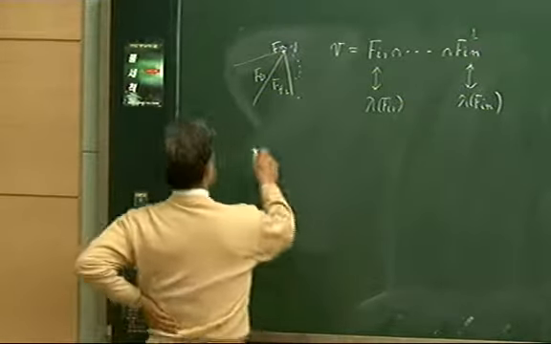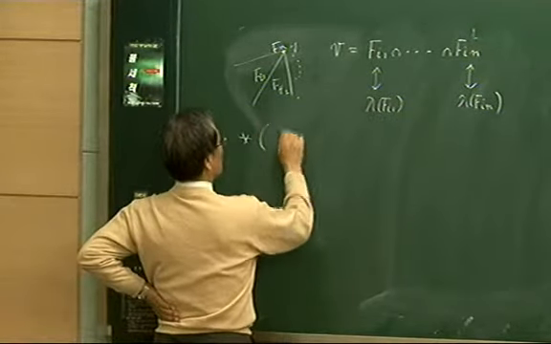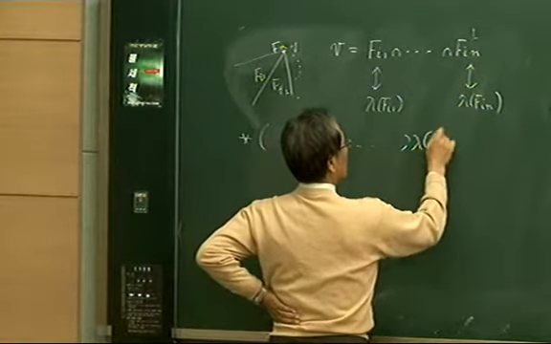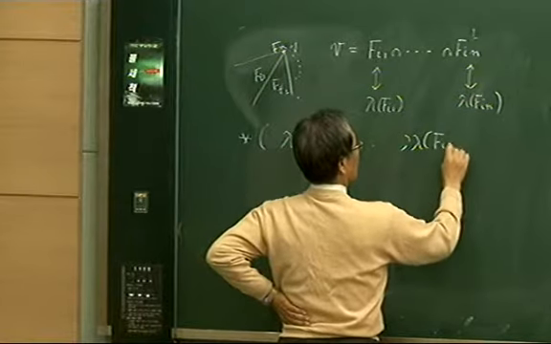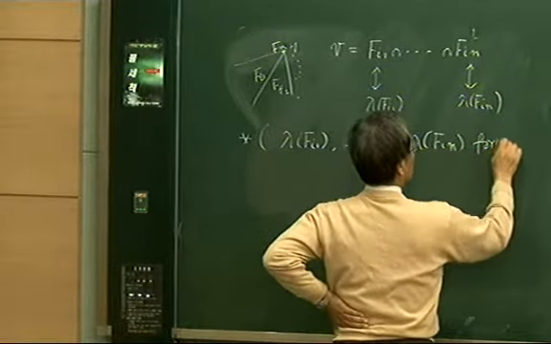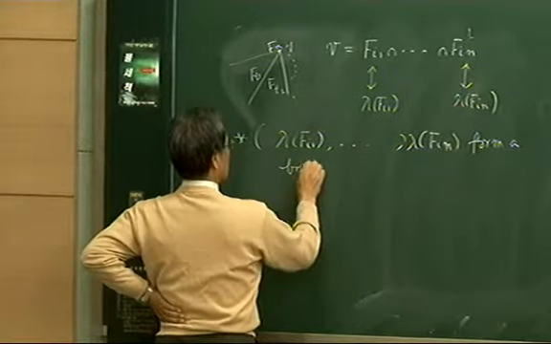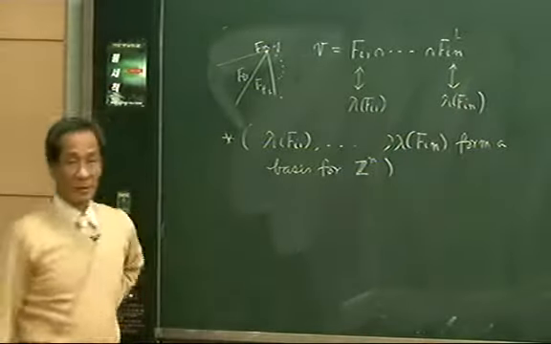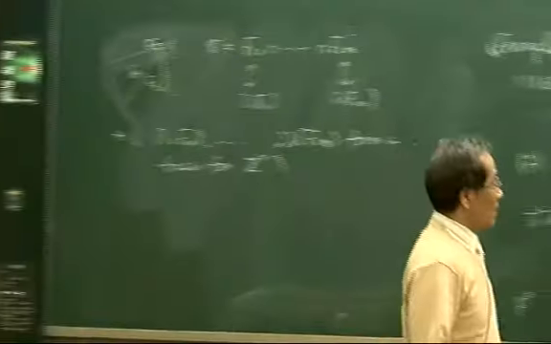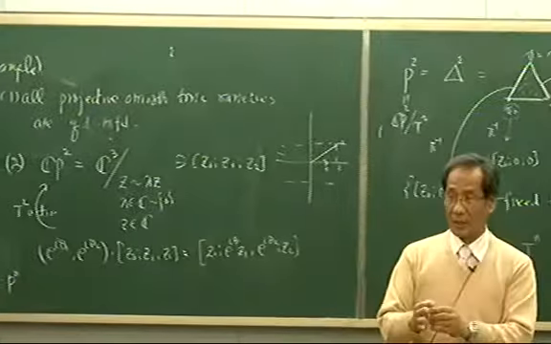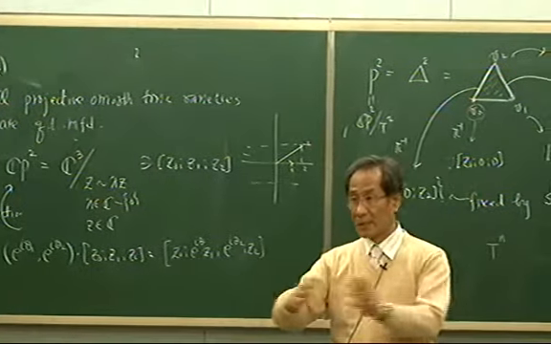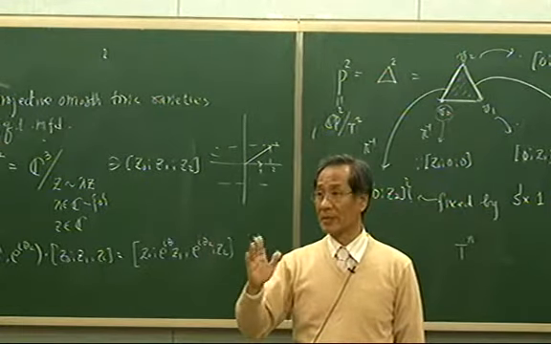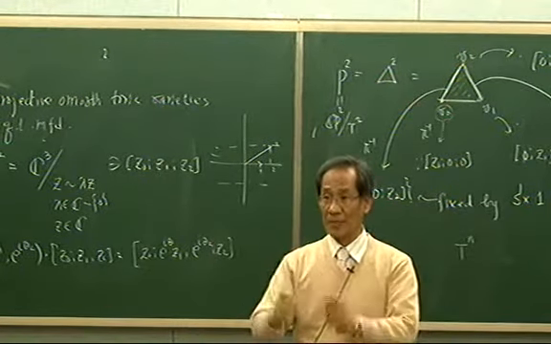So the condition is that lambda Fi1 through lambda Fin form a basis for Zn. So from topology, we have reduced to some combinatorial or algebraic-combinatorial conditions on the polytopes.